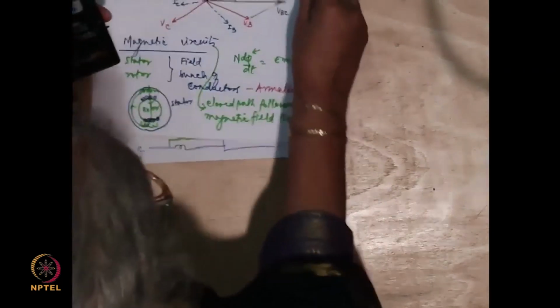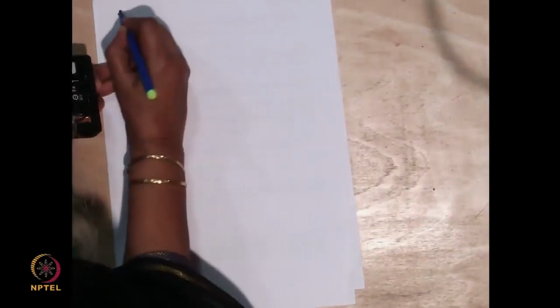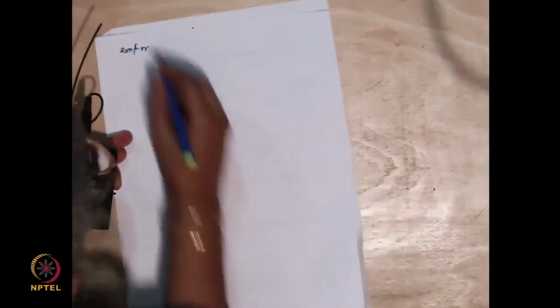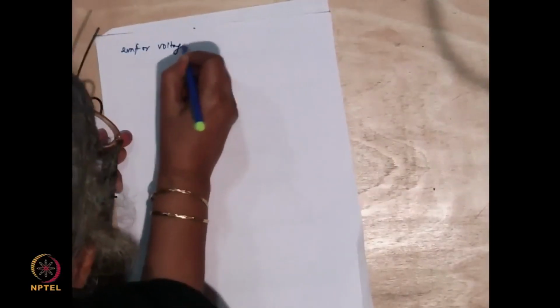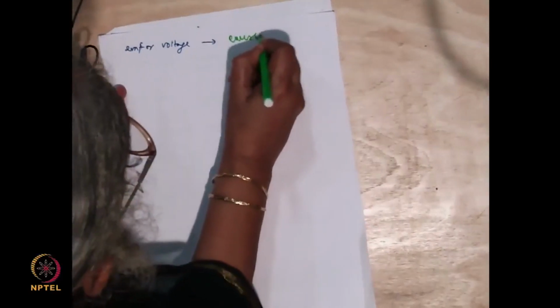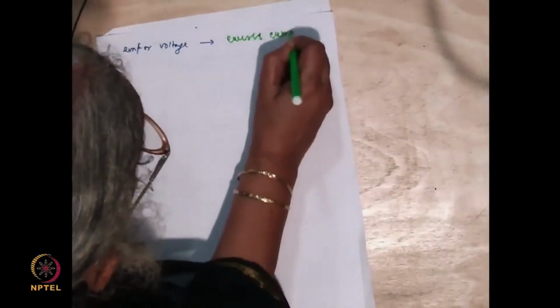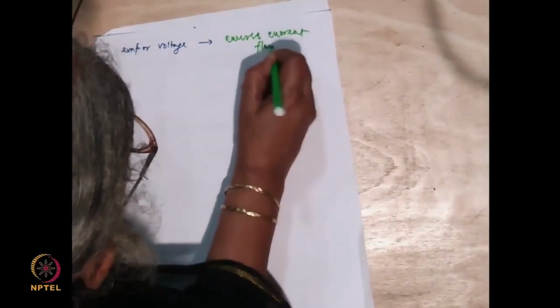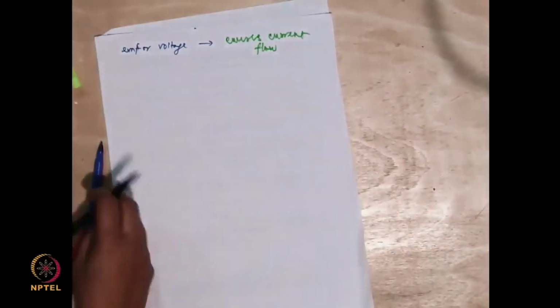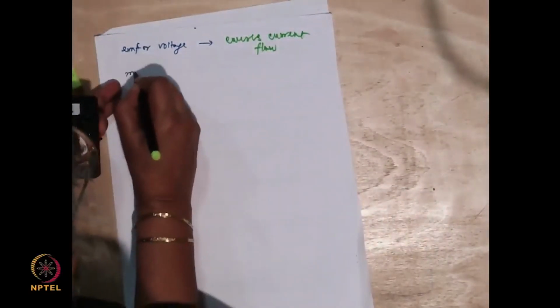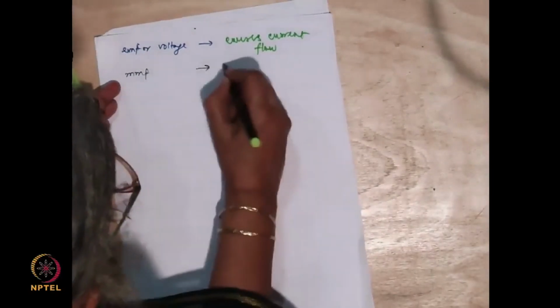Just like in an electrical circuit, how we say that EMF or voltage causes current flow, I can say the same way in a magnetic circuit, I am going to have MMF causing the flux.